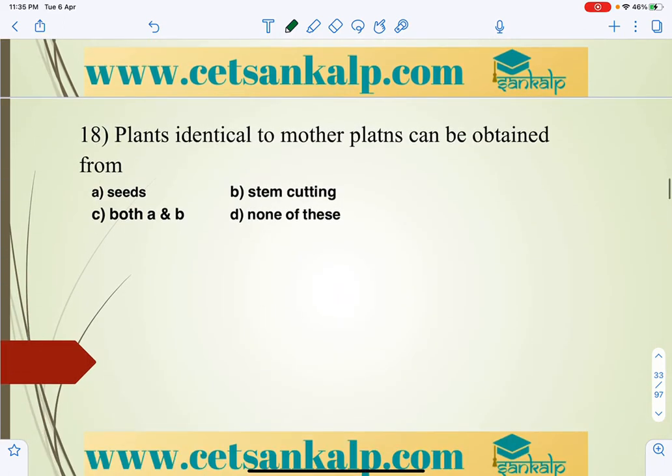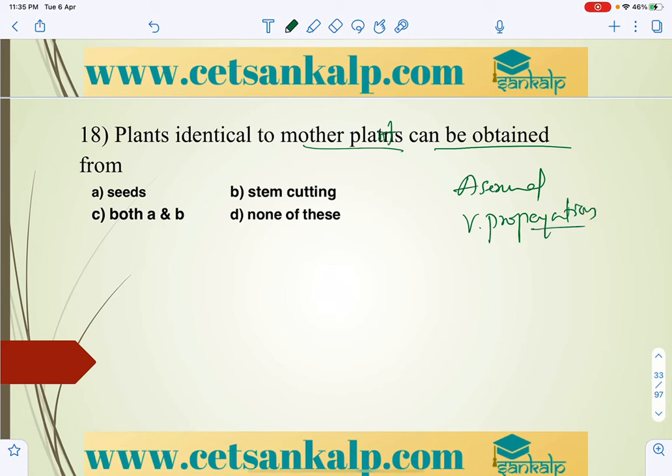Next, plants identical to mother plants can be obtained from which? If we consider plants identical to the mother plant, it should be asexual reproduction, which we discussed as vegetative propagation, whereas in sexual reproduction there will be variation.